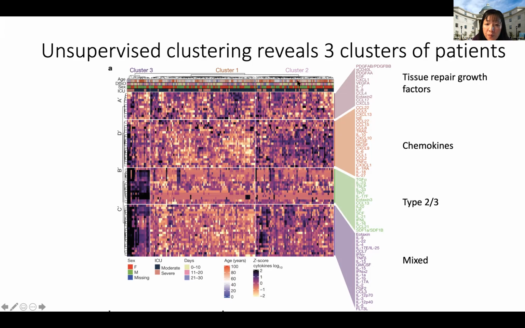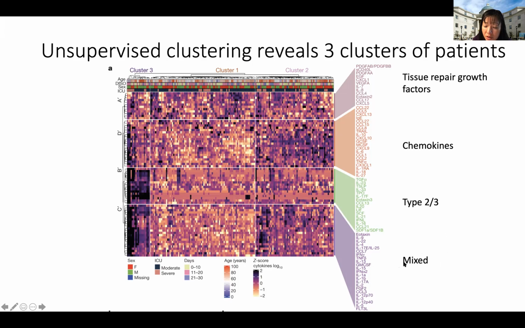The second cluster of patients had, in addition, elevated signature for this and this, which we are calling mostly chemokines, which are factors that allow cell recruitment to various tissues. And this is the fourth signature.